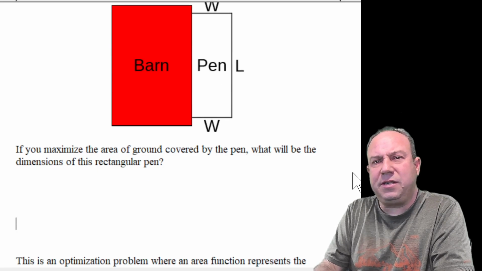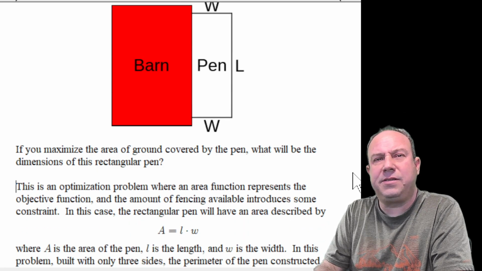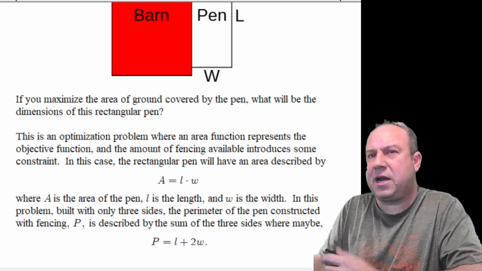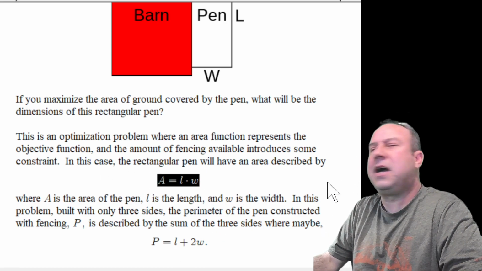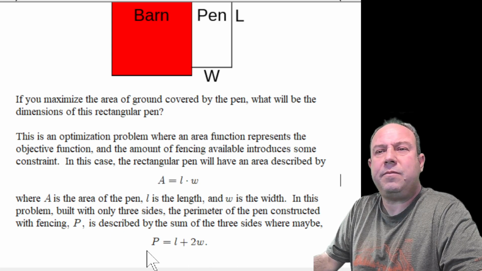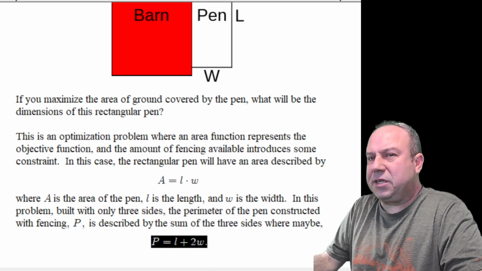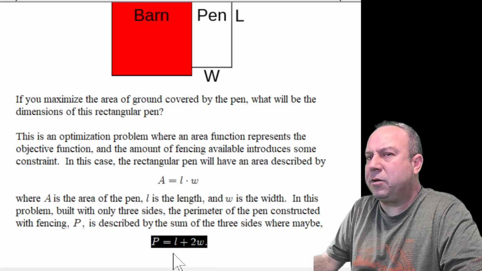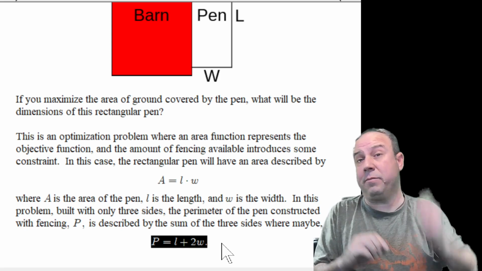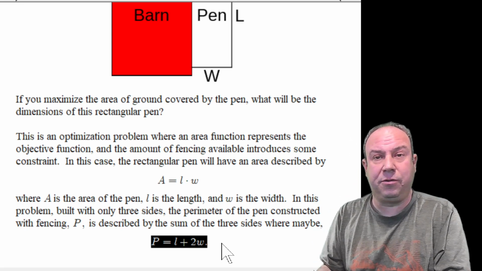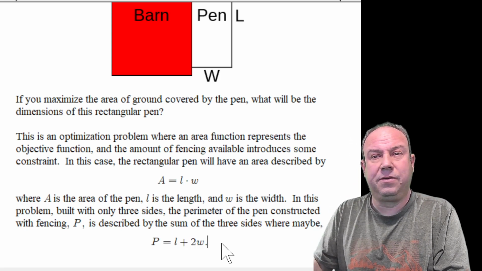So if we bring these into picture, right, this is an optimization problem where we're trying to optimize area. We're trying to optimize this value we calculate as L times W. This is subject to some constraints about perimeter of our pen, which is given by length plus 2 times W. Right?